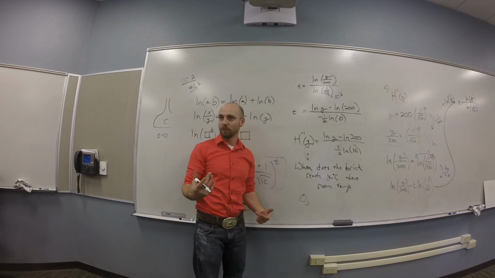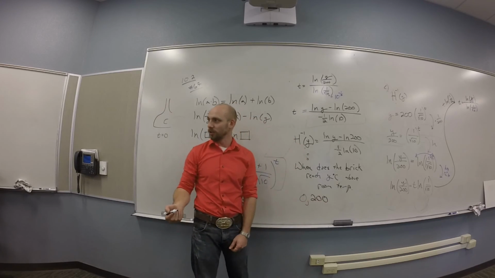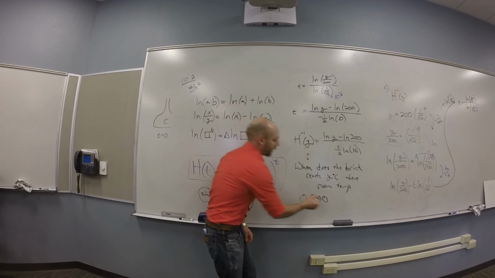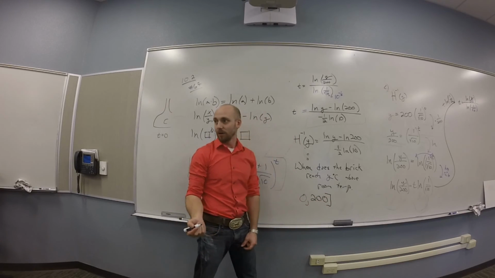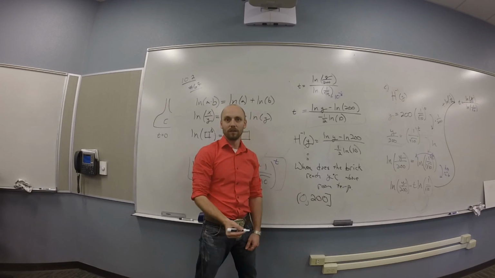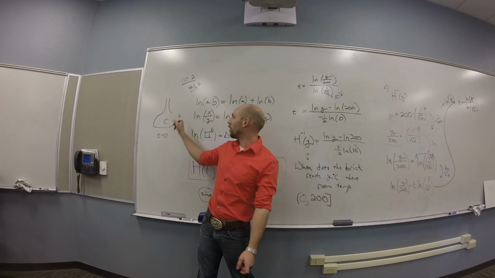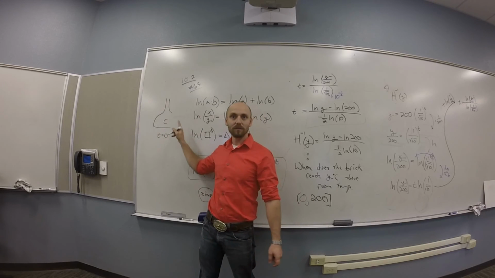What temperatures above the room can it be? I think it can be any place from 0 to 200 degrees, right? 200 being allowed, 0 not allowed. Because it can be 200 degrees above room temperature. I know that happened at time 0.